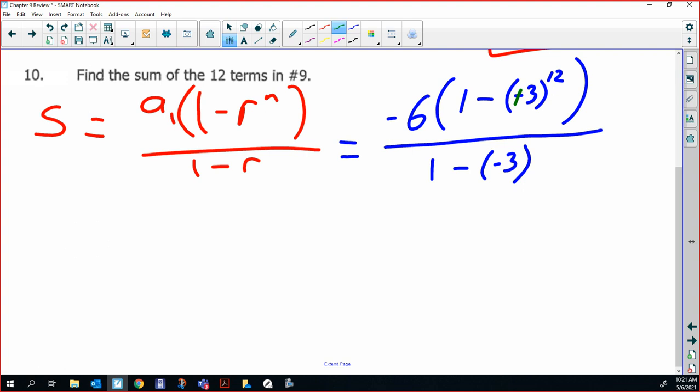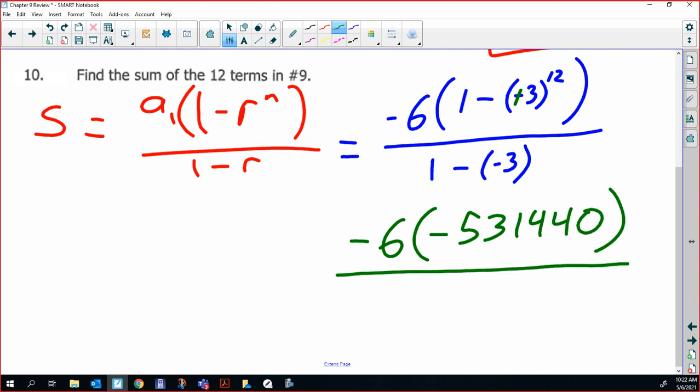So it's going to be 1 minus 531,441, which is negative 531,440. And then we're going to divide by 1 plus 3, then divide by 4.